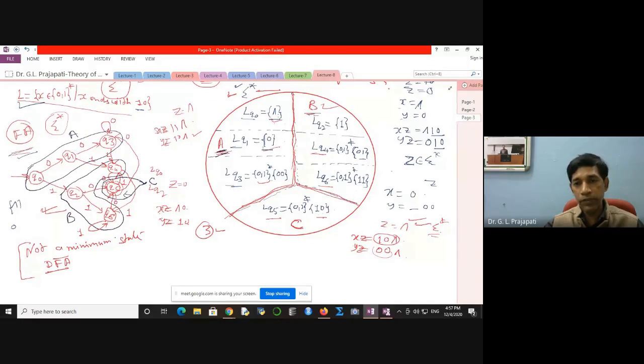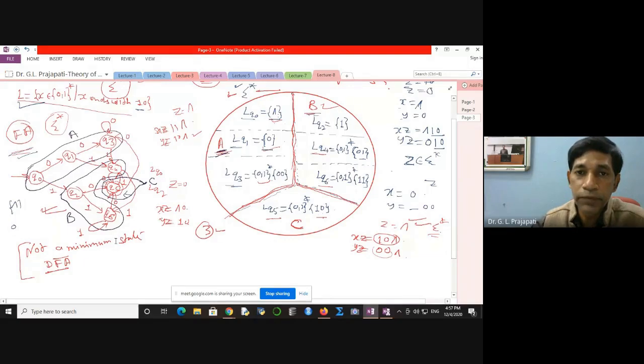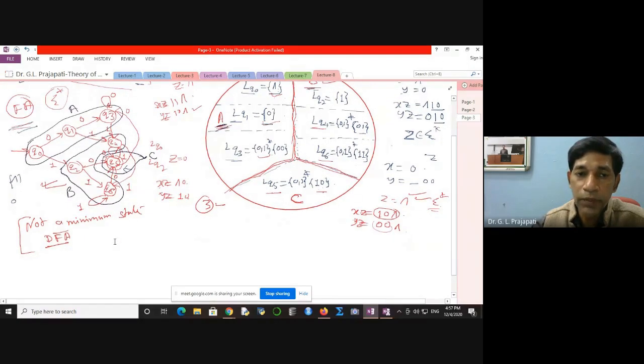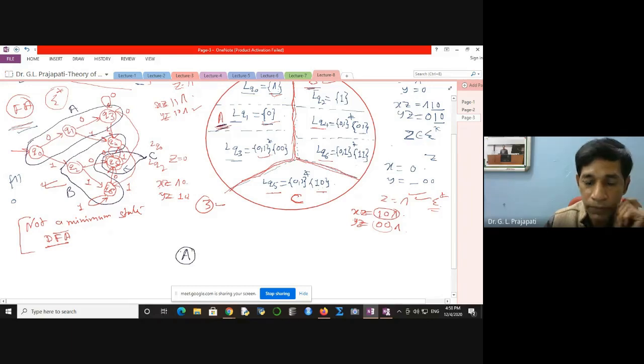So once you have this kind of observation, you will be able to construct the equivalence classes. The question is how you can obtain the DFA like this. You have the equivalence class A, and this corresponds to one state.